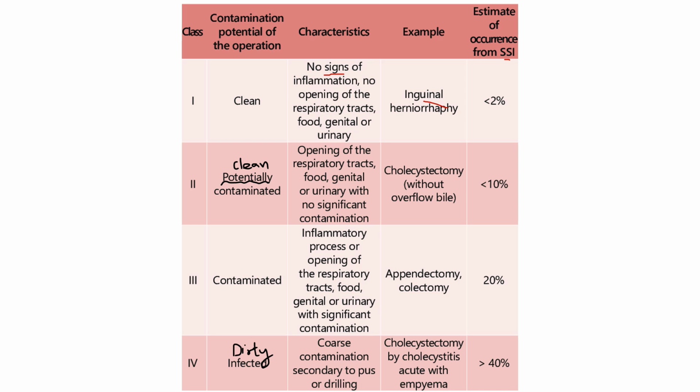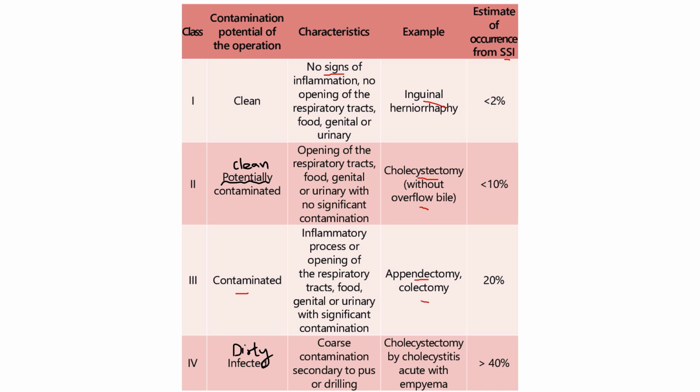Okay. Then coming to clean contaminated or potentially contaminated, there is opening of the respiratory tract, food, genital or urinary tract with no significant contamination as such. So it is cholecystectomy without overflow of bile. But if it is cholecystectomy with overflow of bile, the nature of the wound changes. Then what about contaminated? That means inflammatory process or opening of the respiratory tract, like appendectomy, colectomy.